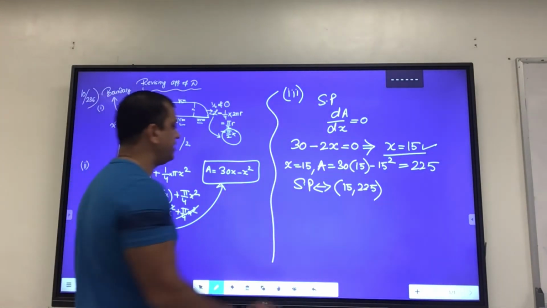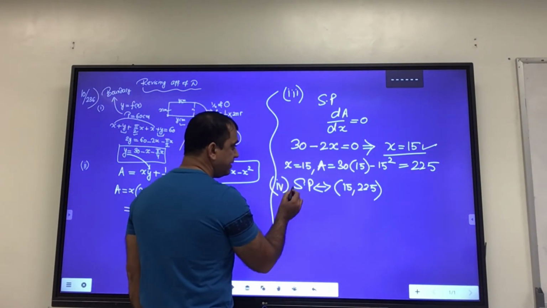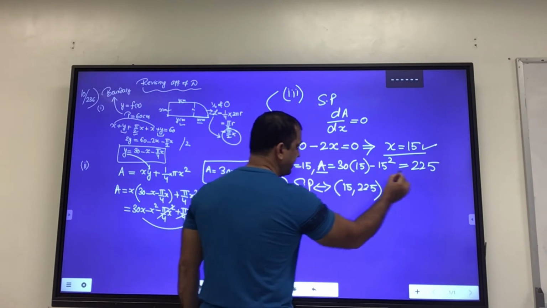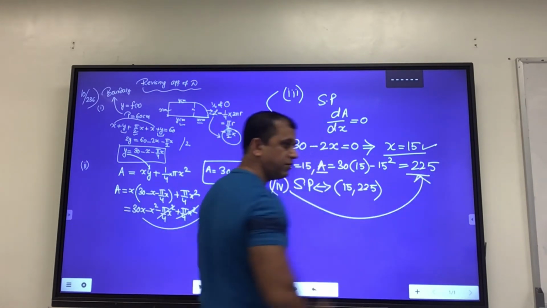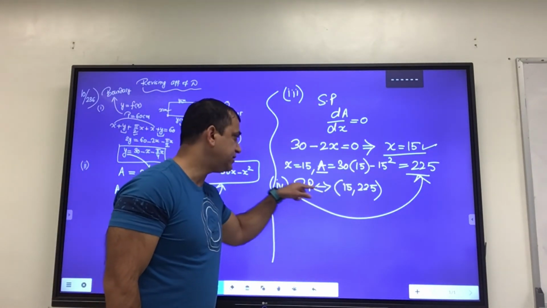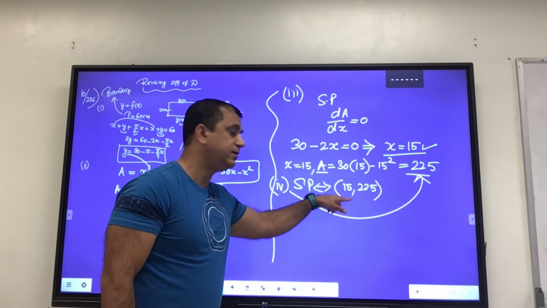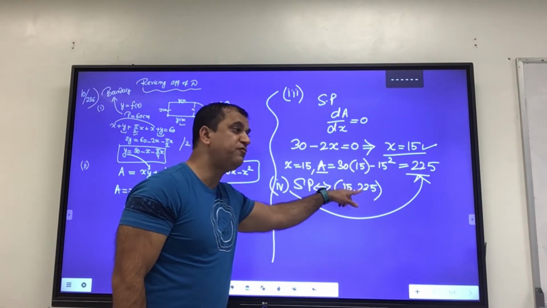So stationary value. So fourth part is basically this one. In fourth part, he's asking the stationary value of area, which is this one. Stationary value of A is 225, and stationary point is (15, 225). X being 15 variable, area being 225.